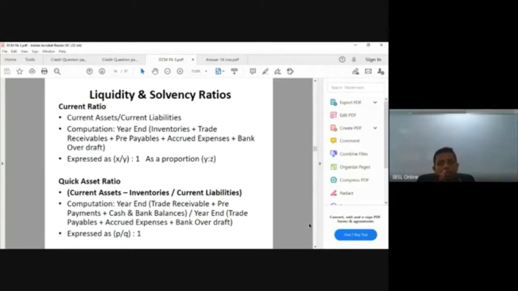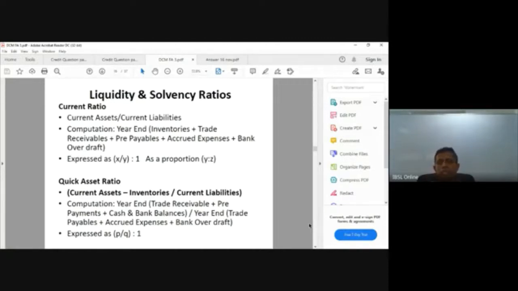If the current liability is 1, you have to have two current assets in order to maintain the liquidity. Current liabilities means liabilities that you have to settle within 1 year, but current assets means the assets that you can realize within 1 year.